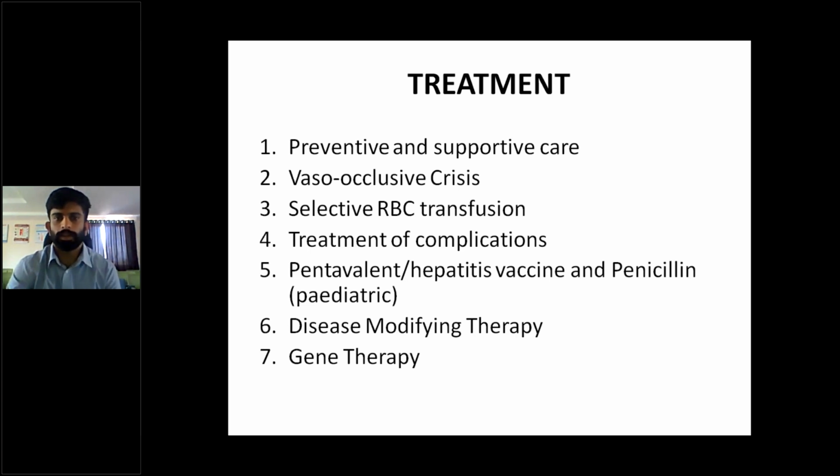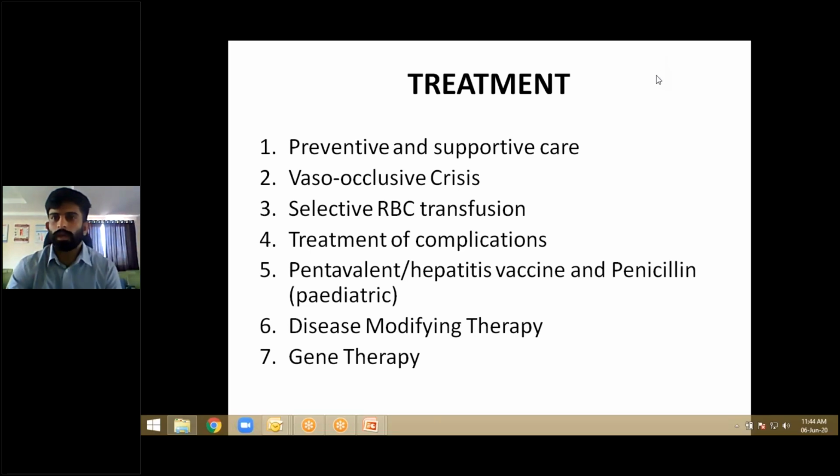So that is important. The next one is selective RBC transfusion. Now we spoke about iron deficiency anemia before. We spoke about megaloblastic anemia before. Parts of the treatment of these diseases are blood transfusions.